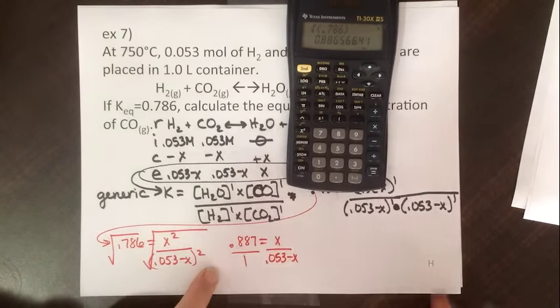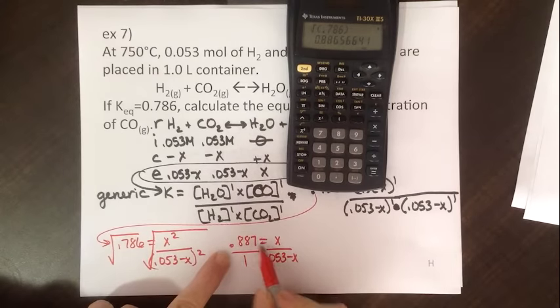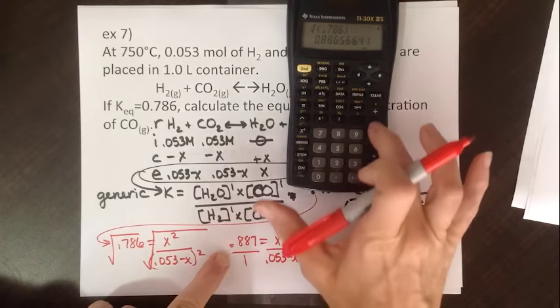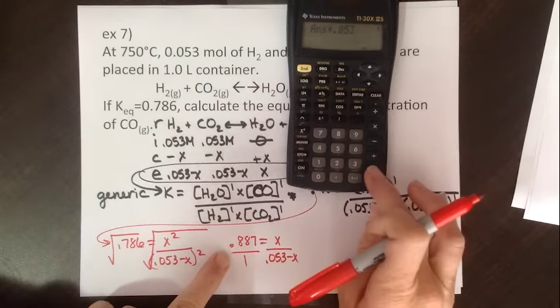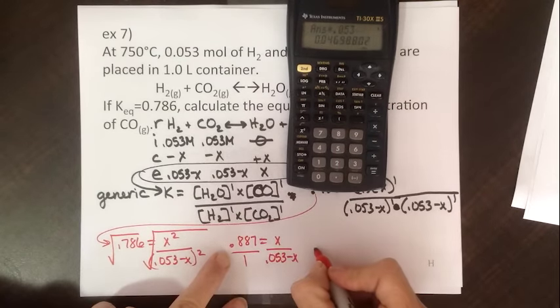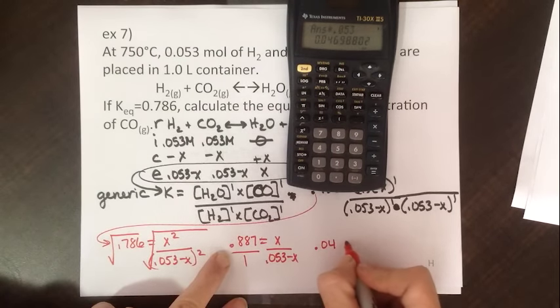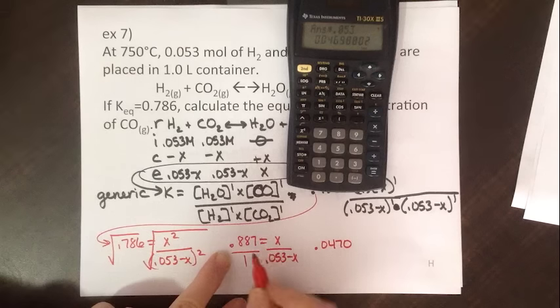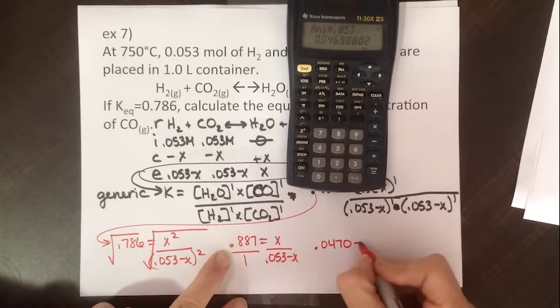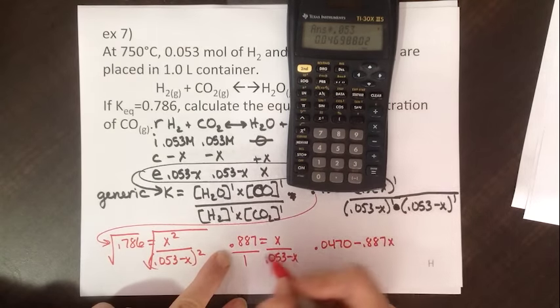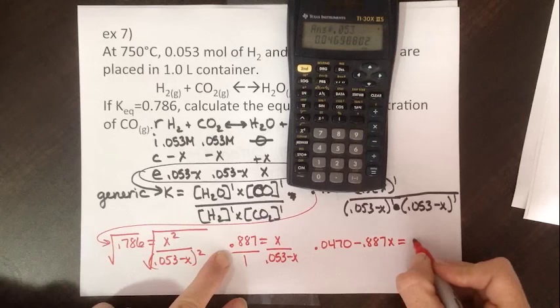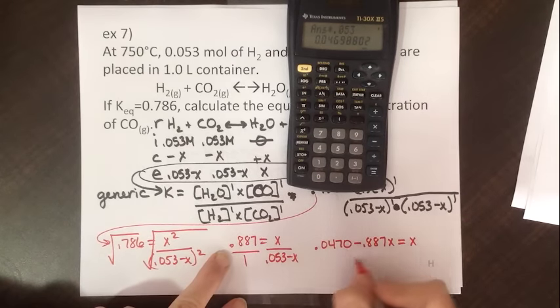I'm going to do a little cross multiplying. So 0.887 times 0.053 is 0.0470, that times that, minus 0.887x, cross multiplying, x times 1 is x.